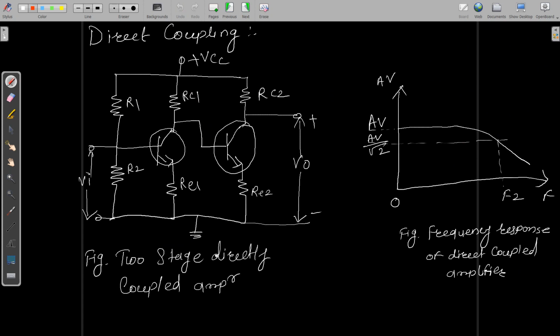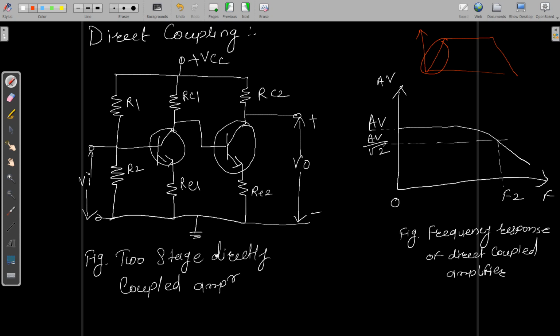And because of the absence of the RC components, at low frequencies your response is good. If you remember, in case of the RC coupled amplifier we got the gain something like this. What it means is, at lower frequency the gain was dropping to zero, right? It is a roll off. But as these RC components and capacitors are not present here, the advantage of direct coupling is that you don't have a roll off at lower frequencies.